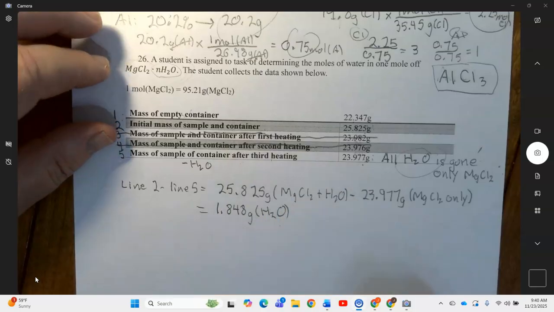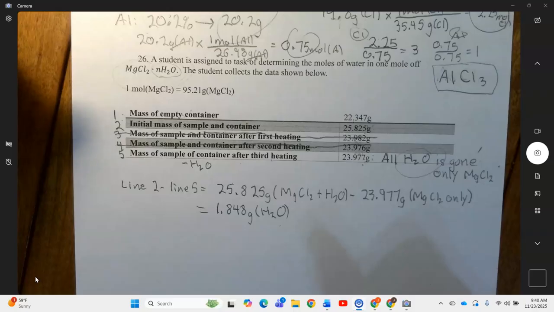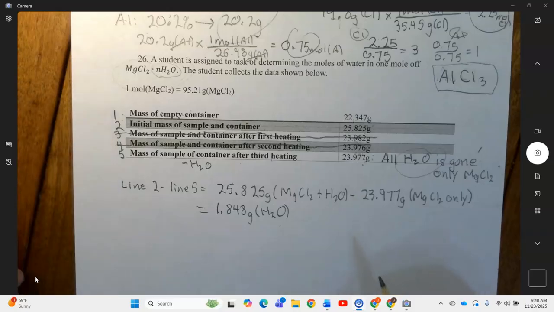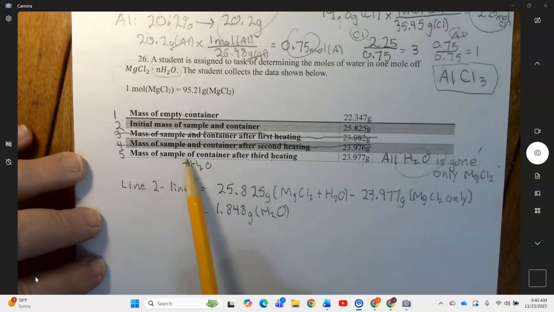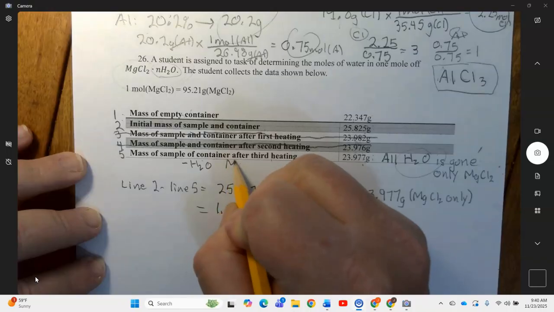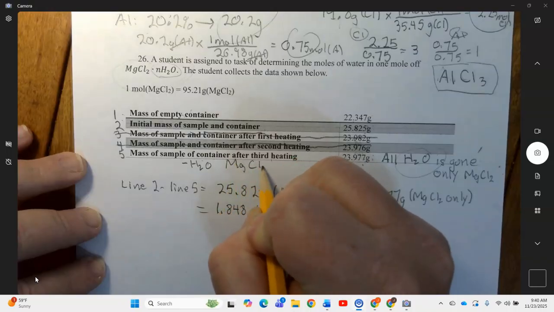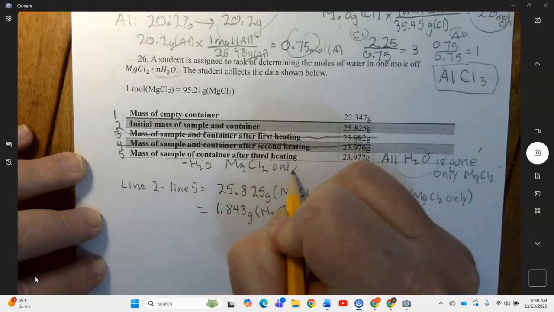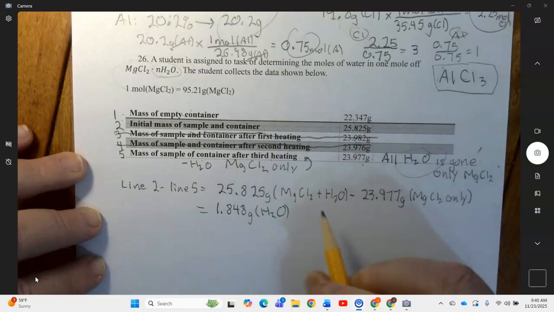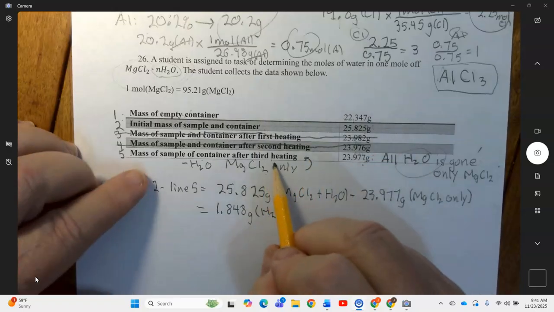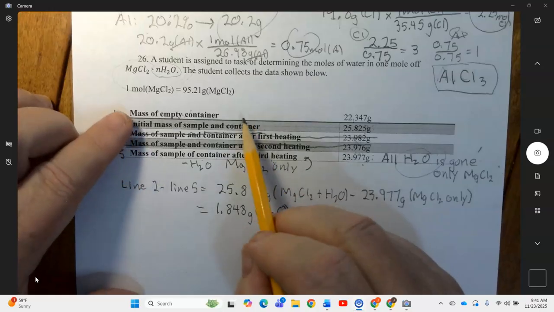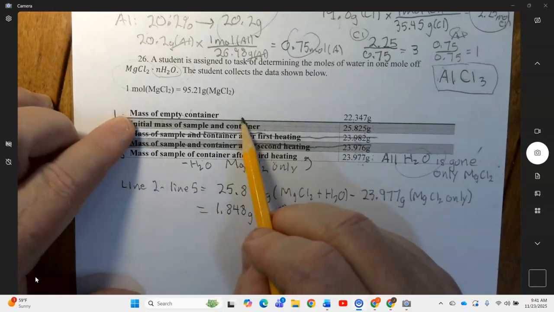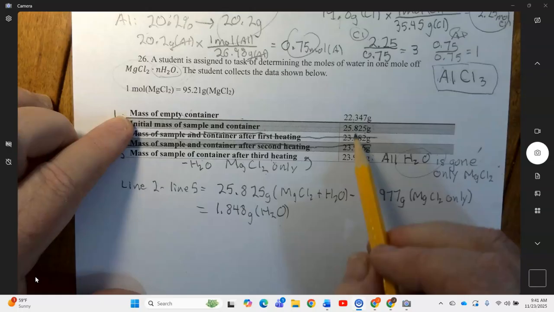So now we know the grams of water, we can figure out the moles. Let's first figure out the grams of MgCl2. Okay, so here is the mass of the sample and the container, and again, this is MgCl2 only. Okay, this line right here. So if you got MgCl2 only and the container, and you subtract the weight of the empty container, that will give you the mass of the MgCl2.